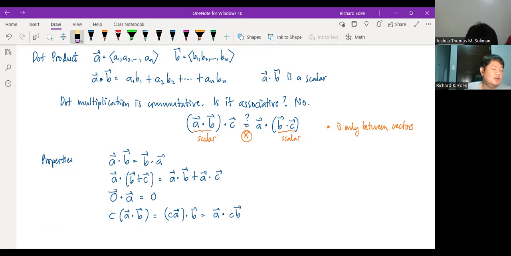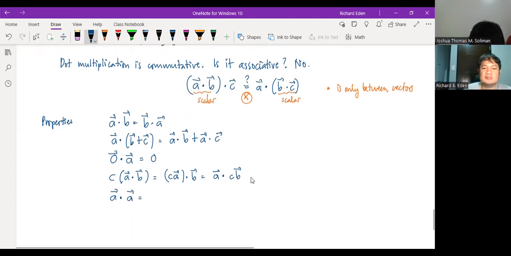One other property: what happens when you take the dot product of a vector with itself? Squared. All right, let's say A is A1, A2, all the way to An. When you take the dot product of vector A with itself, you multiply the corresponding components, so it's A1 squared, plus A2 squared, plus dot dot dot, plus An squared.